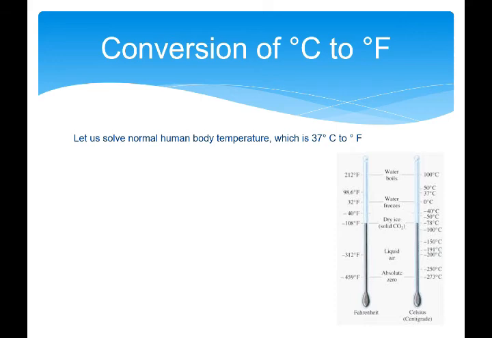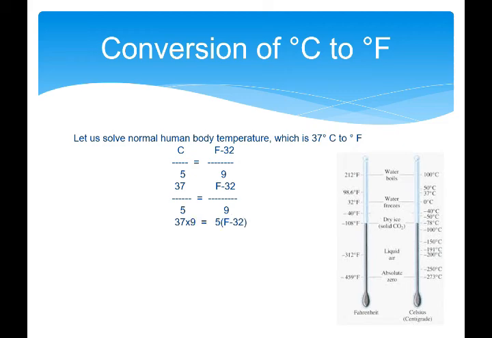Children, we have learned the formula to convert degrees Celsius to degrees Fahrenheit. Now we will take an example of normal human body temperature, which is 37 degrees Celsius, and convert it into degrees Fahrenheit by the formula C/5 is equal to (F - 32)/9. We put 37 in place of Celsius. Then it becomes 37/5 is equal to (F - 32)/9.